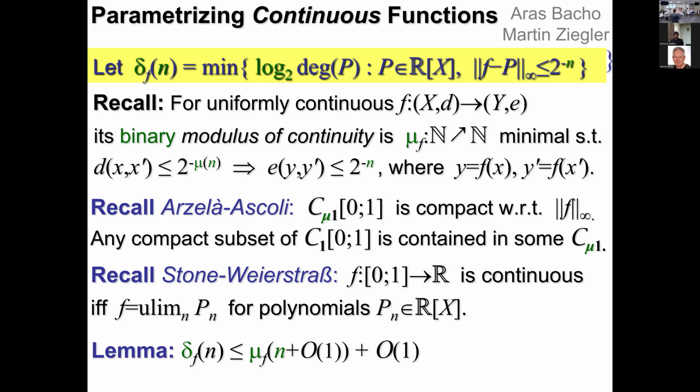And as I said, two definitions, which one should be used? Fortunately, it doesn't matter because the two are linearly related up to some constant offset in the argument and in the value. That's why the complexity theory of operations on the space of continuous functions is so well established, because there are two equivalent definitions which we can switch back and forth.